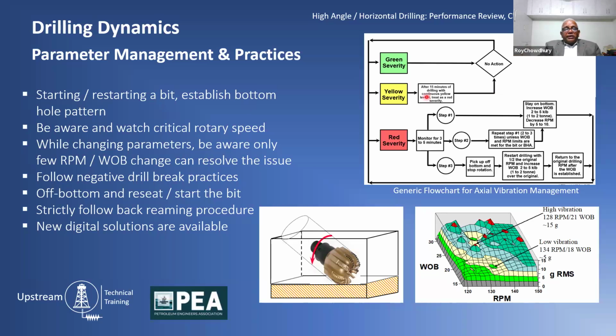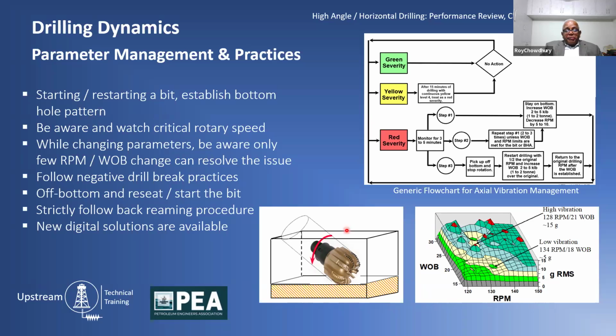More so if you are drilling with a similar combination, a 5-bladed PDC bit followed by another 5-bladed PDC bit, it is easier that it will engage exactly in the same way. But if you have a roller cone before and you are following it up with, let's say, a PDC bit, you have a tri-lobed pattern established at the bottom, and now you are following it up with a different pattern. So obviously it is a good idea to slowly drill about half a foot and then apply the required parameters.